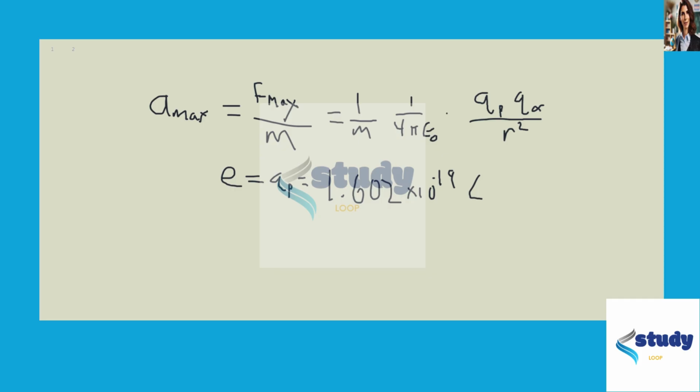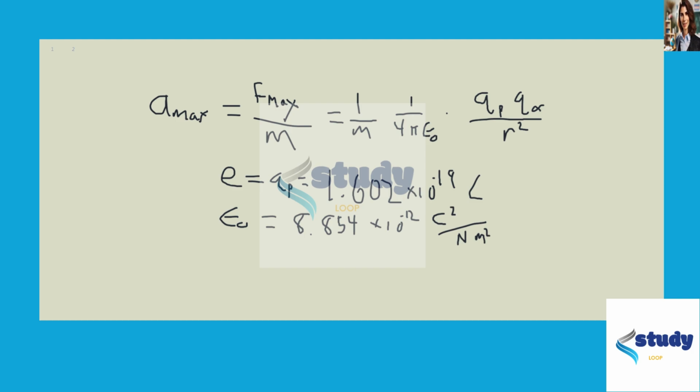We also need to know epsilon naught, which is 8.854 times 10 to the minus 12 coulombs squared per newton meter squared.